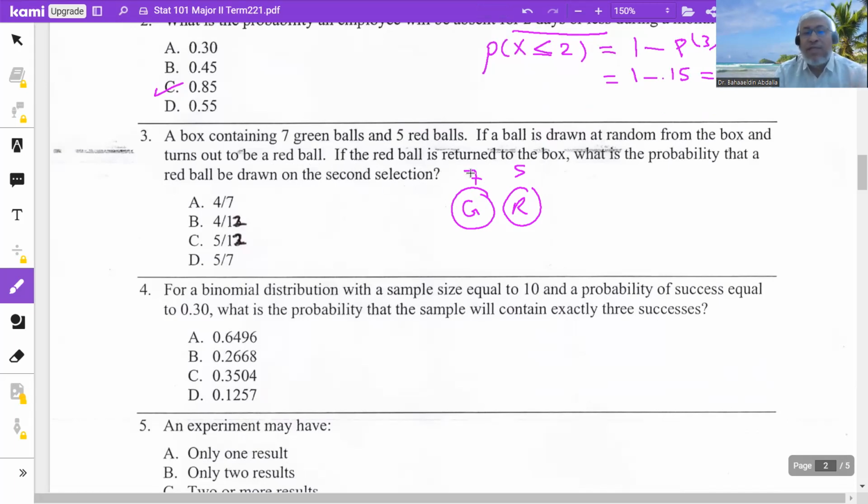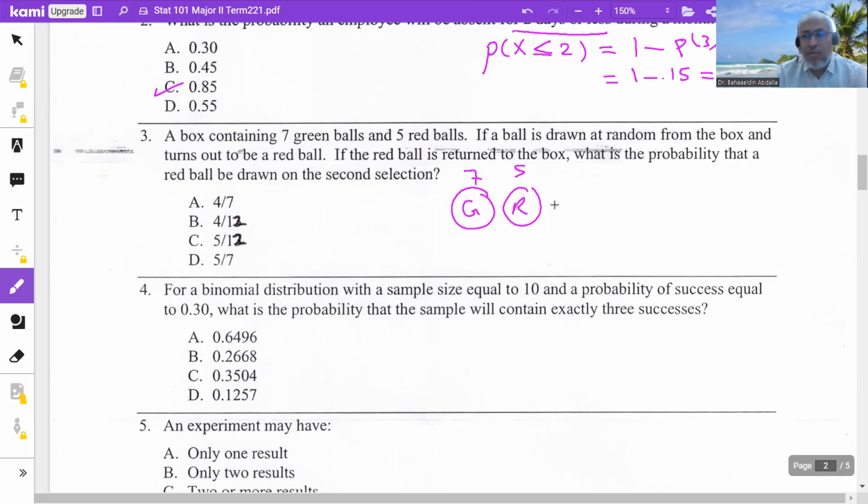If the red ball is returned to the box, this means we have now in the box 7 green and 5 red again. So this is with replacement, I mean we put the ball back. What is the probability that a red ball will be drawn on the second selection?